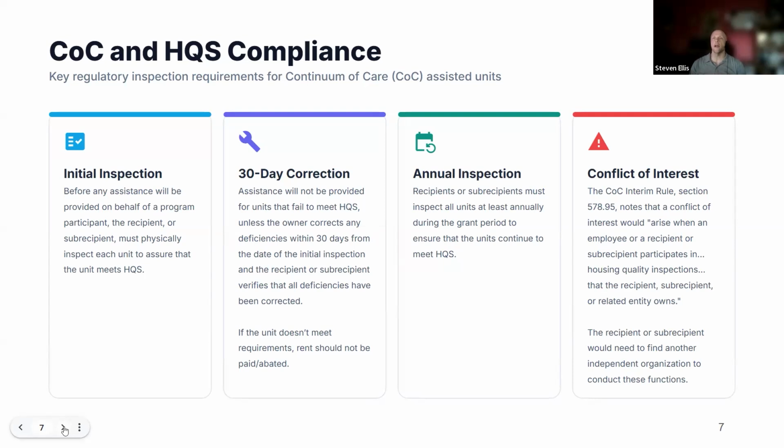And then that last piece, I won't go into detail, but just the flag, because organization by organization, this may or may not be relevant: the CoC regulations, which is called the interim rule, talks about a conflict of interest. So if you own the property for which the leasing or rental assistance funds will be used, you're not doing the inspection. HUD would consider that a conflict of interest.